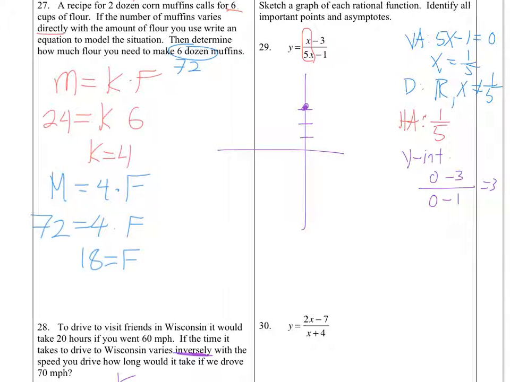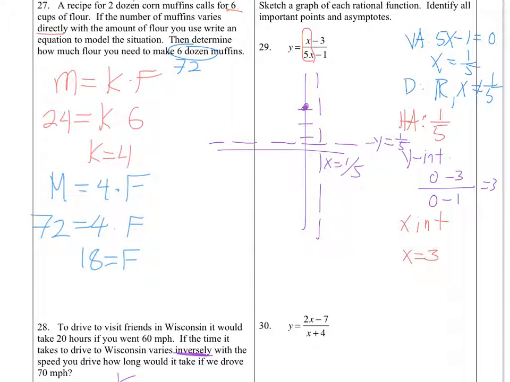All right, I'm going to add my asymptotes while I'm here. And there's my horizontal one, y equals 1/5. Let's see if there are any x-intercepts. We had a shortcut if you only have one term: that numerator is equal to 0.